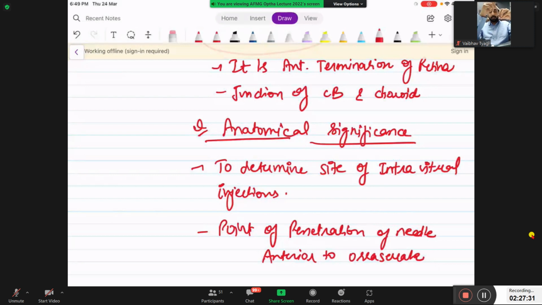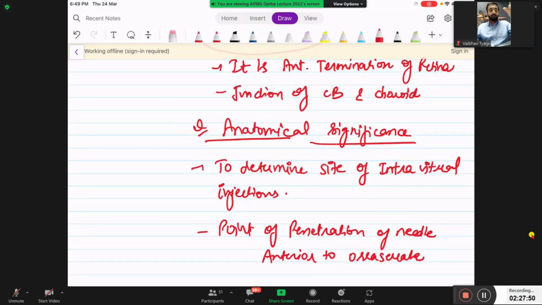Because if you penetrate the needle posterior to ora serrata, you can hit the retina. Posterior to ora serrata, which structure is lying? Retina. So if the point of penetration is posterior to ora serrata, you can damage the retina.